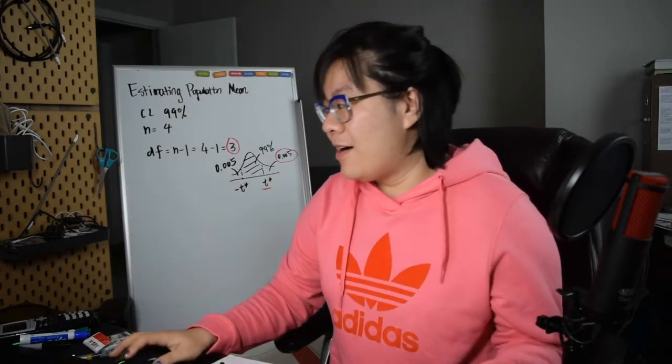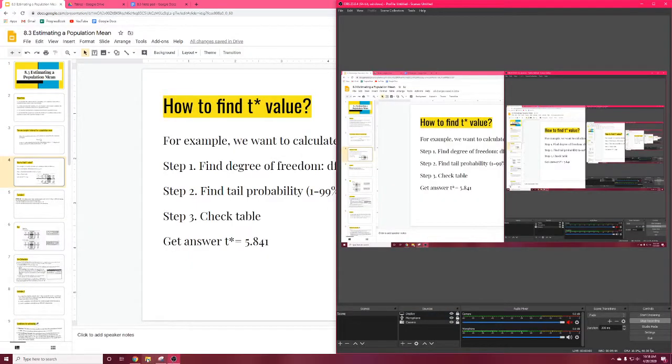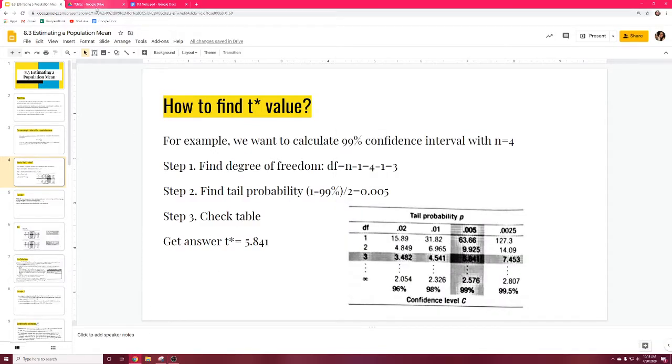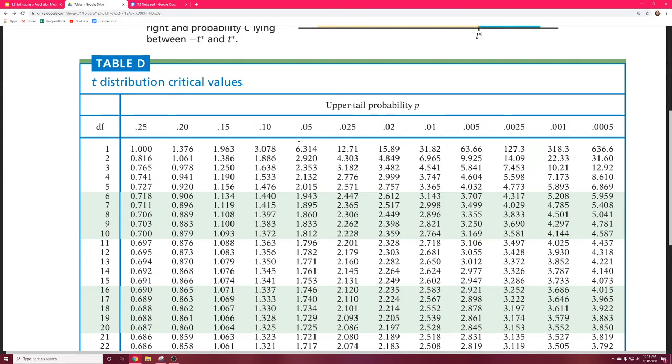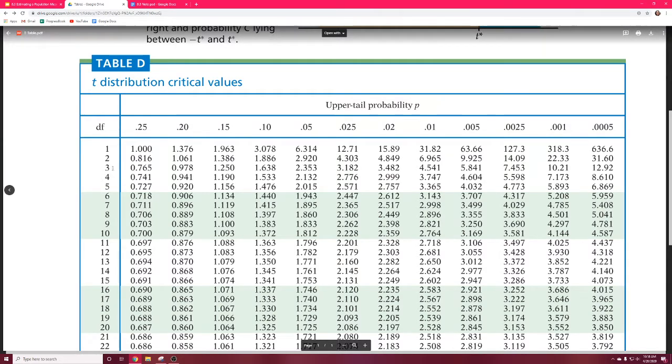Okay, so let me show you how to find that. On the t table, first of all you need to find the degree of freedom, which is 3. So over here 3 is this line. Okay, in this line with degree of freedom 3, and then your upper tail probability, which is the area above t star, is 0.005 over here.